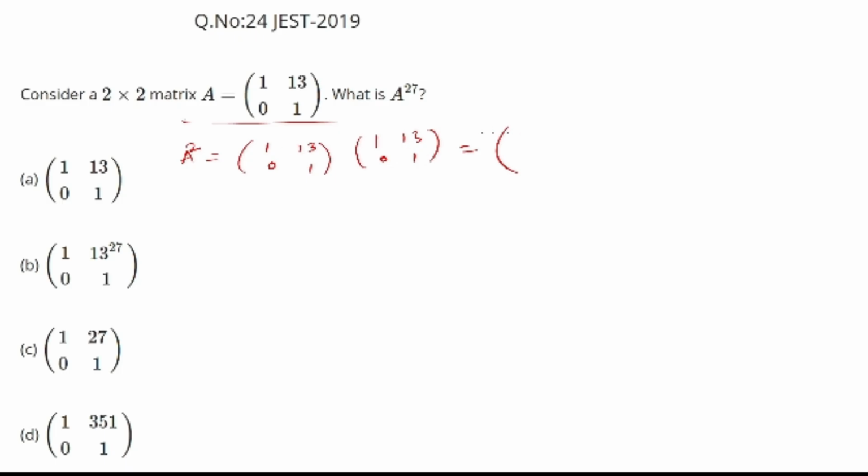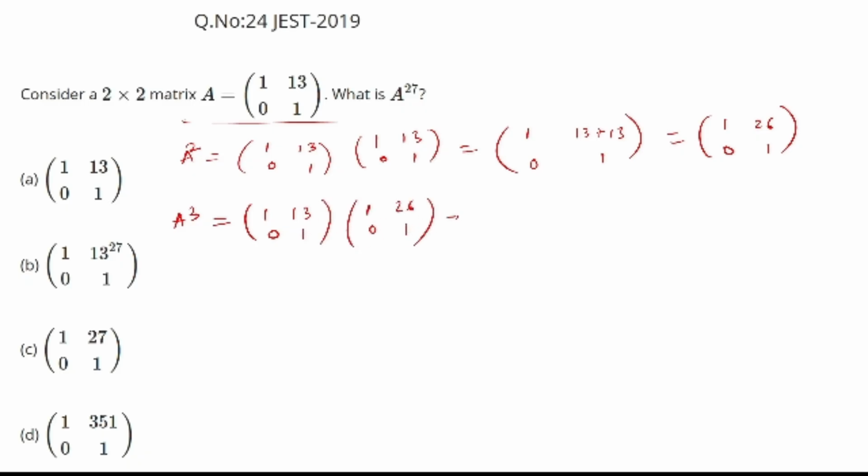So 1, then 13 plus 13, so 26, then 0, then 1 again, so it will be 1 26 0 1. So let's take A cube, 1 13 0 1, then 1 26 0 1. So take product, 1, it will be 26 plus 13, 0 1.